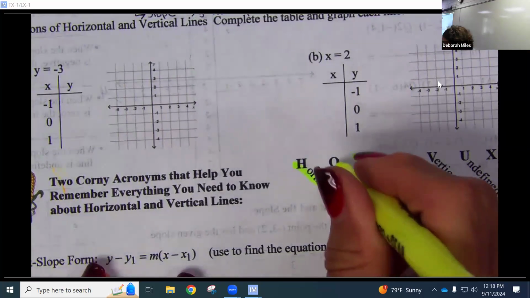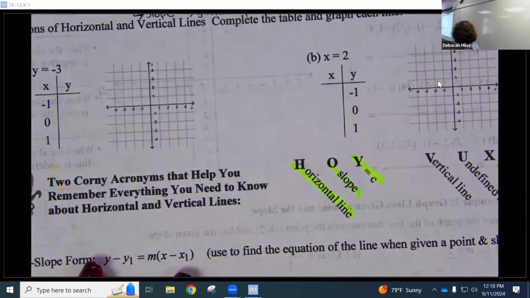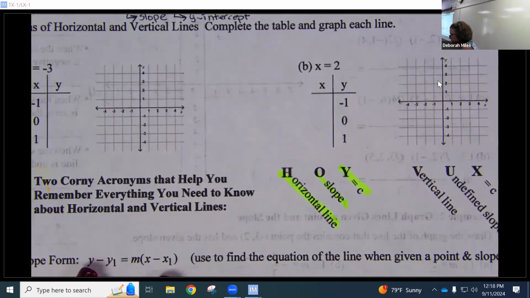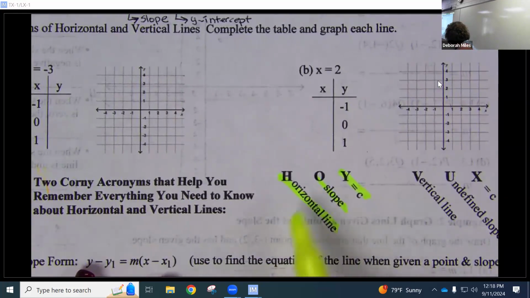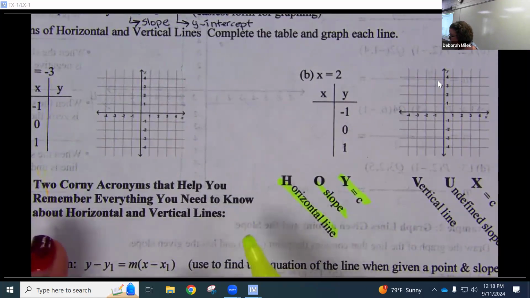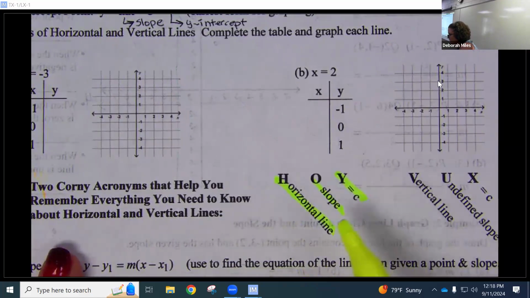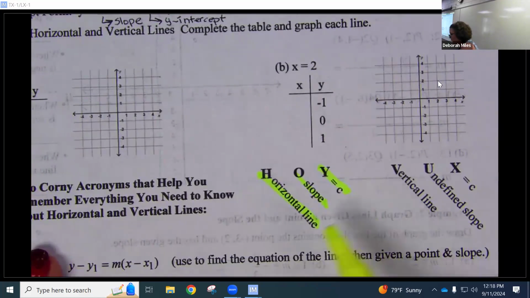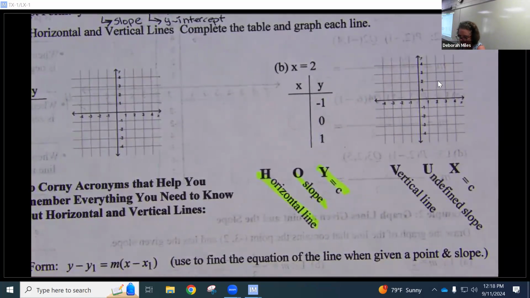And a horizontal line has 0 slope. You can remember those 3 things with the corny acronym HOY, H-O-Y. Horizontal line has 0 slope, and the equation is y equals a constant.